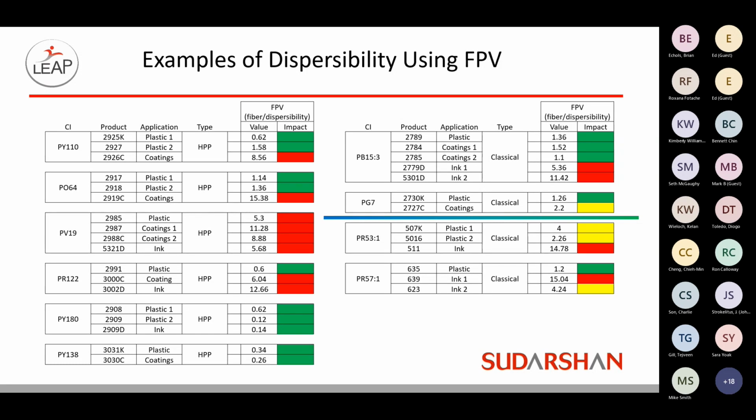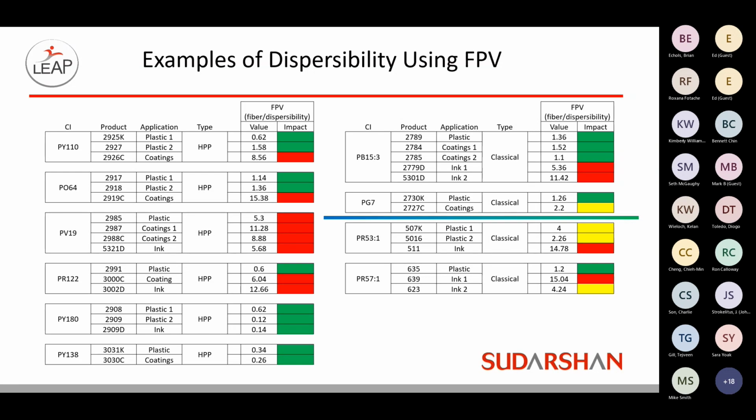And so overall, what we see here, using the filter pressure value as a measure of dispersibility within the plastics world, is that the high performance pigments on the left-hand side all have, or pretty much all have, pretty good and low filter pressure values, although there is a variety within each chemistry.